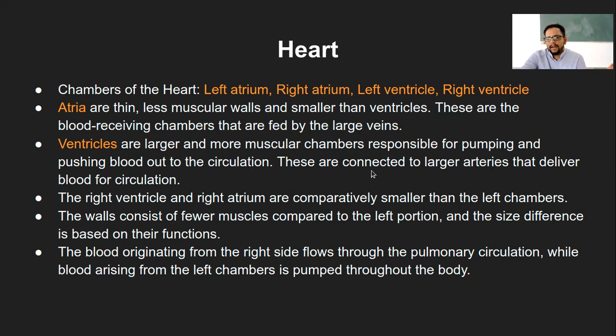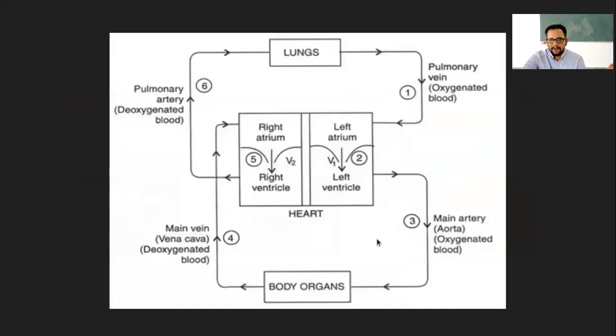And these are connected to larger arteries that deliver the blood for circulation. So both ventricles are connected to the arteries that deliver the blood. For example, if you look at this ventricle, it is connected to the main artery, the aorta.